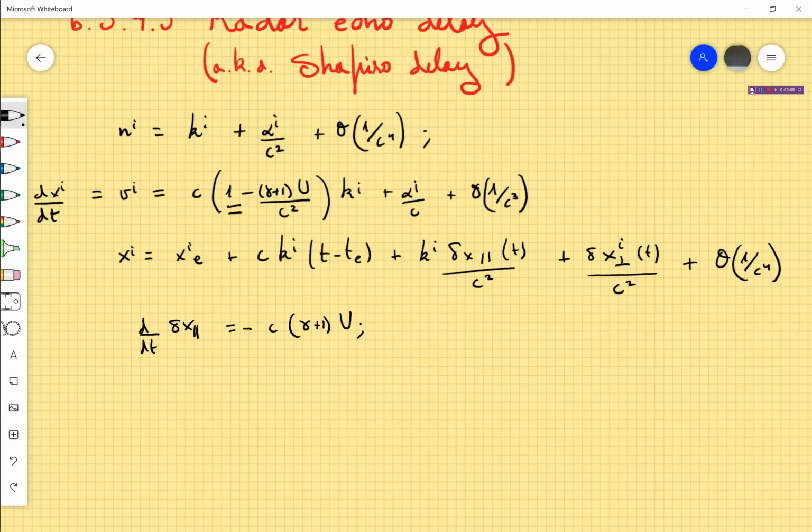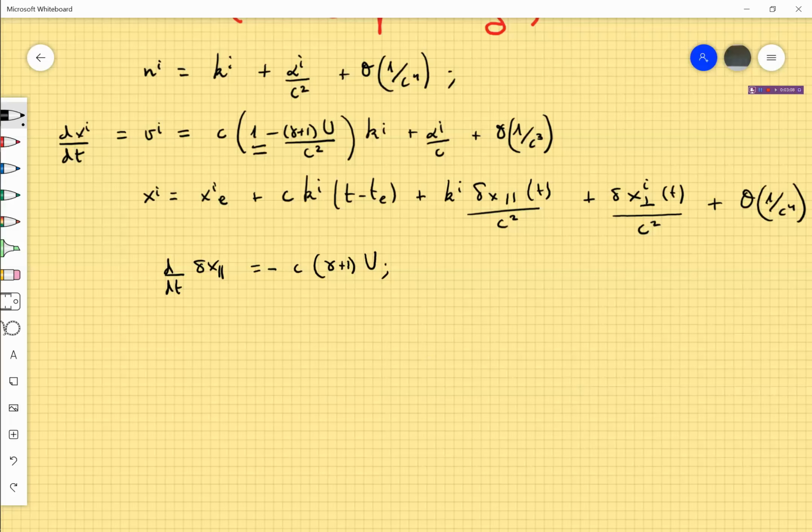Delta x transverse is called the transverse displacement. It is orthogonal to ki and satisfies another equation, which is what you can expect, and it is c alpha i.